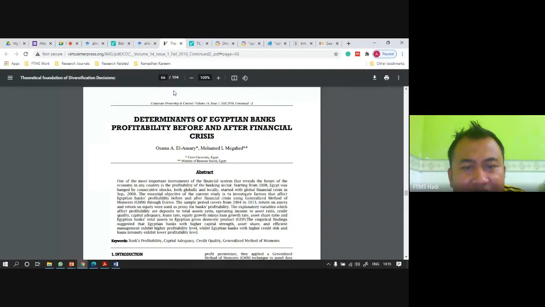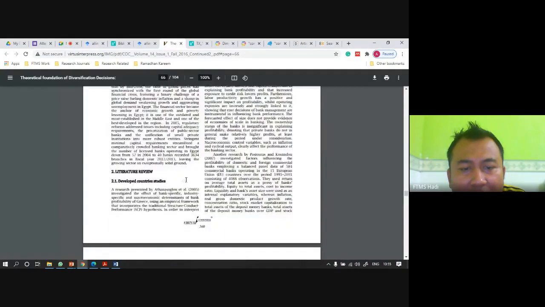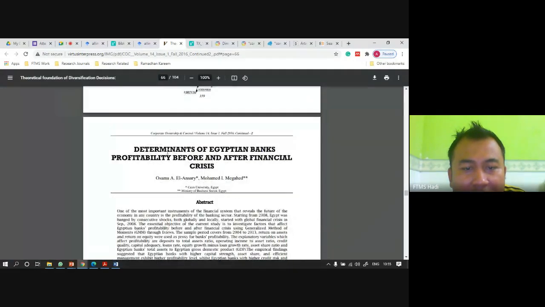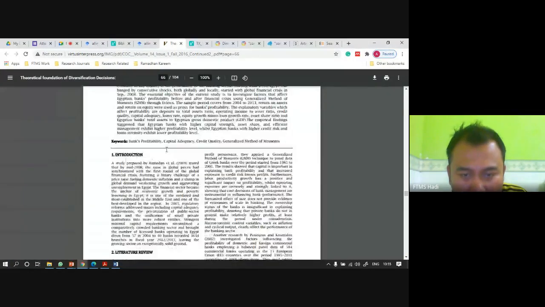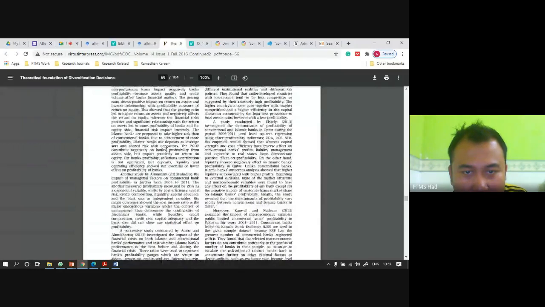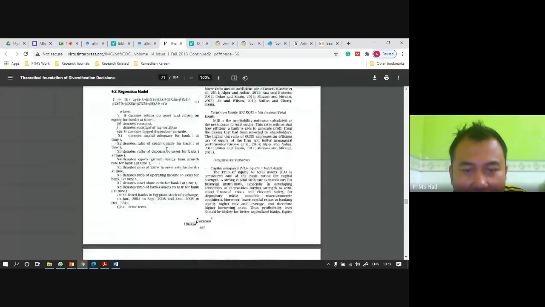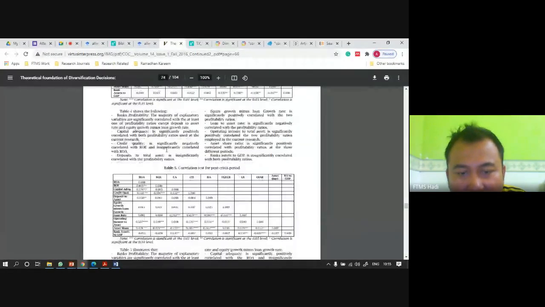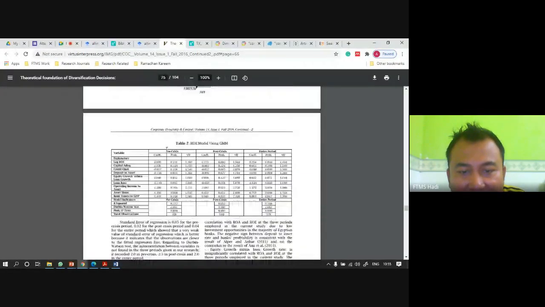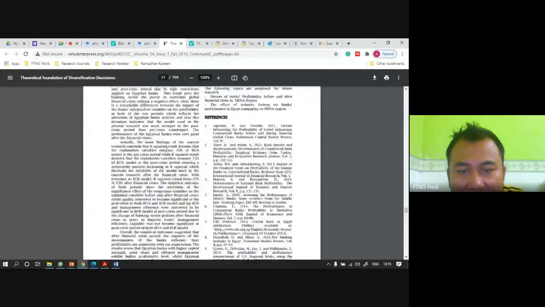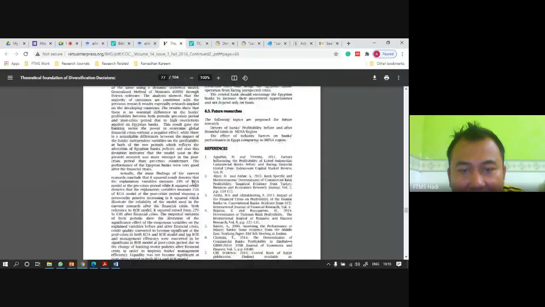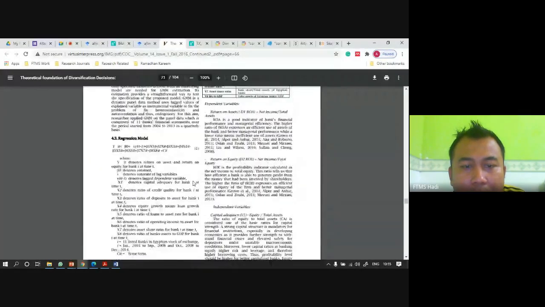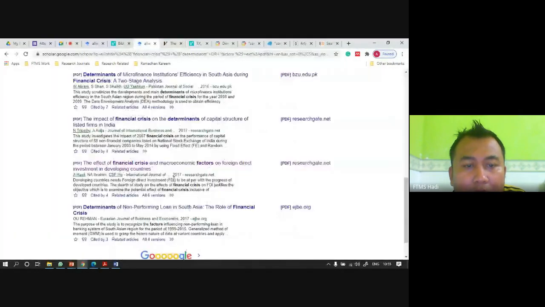If it's like this, you only read from this page until the references, because this is a journal compilation, not a single journal. From page 66, it's like 10 pages only. Okay. How about the others?